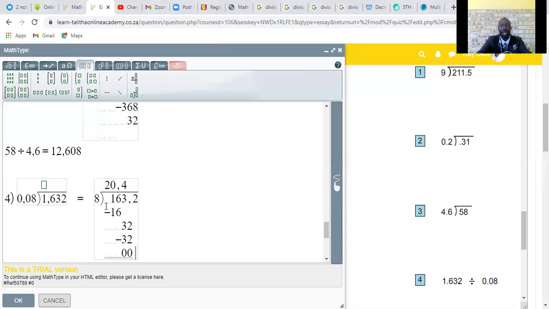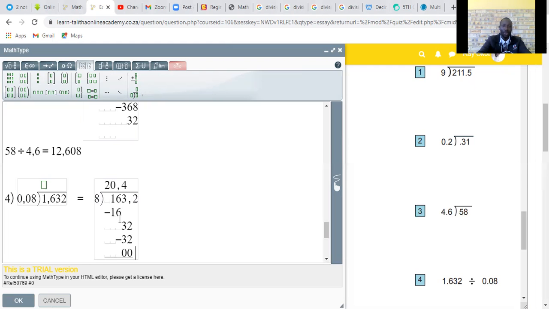Now we are having 163.2 supposed to be divided by 8. So what do we do then? Well, taking 16, 8 will go into 16 2 times. And 2 times 8 is 16.